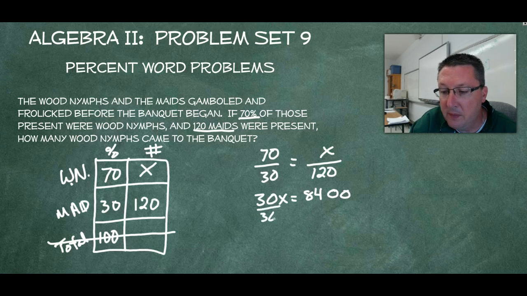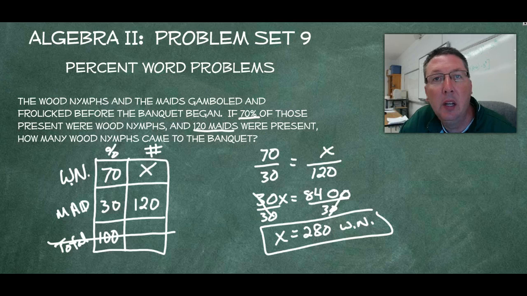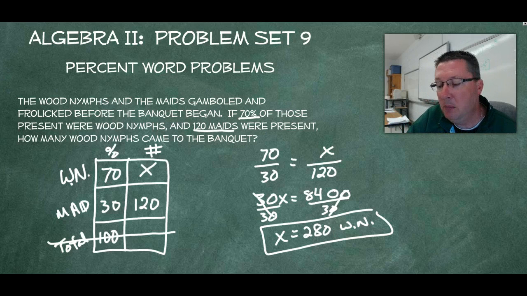Divide by 30. And we get 280. Now that would be the number of wood nymphs at the banquet. So 280 wood nymphs. I hate that word. It's hard to say. Okay, moving on.